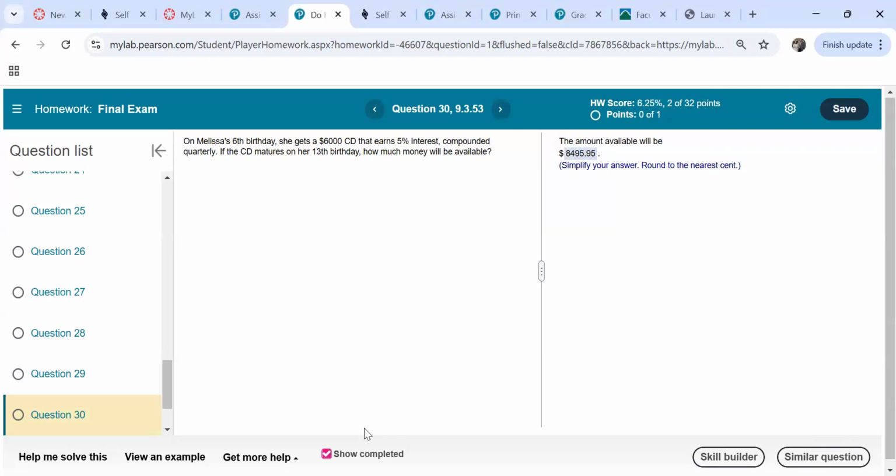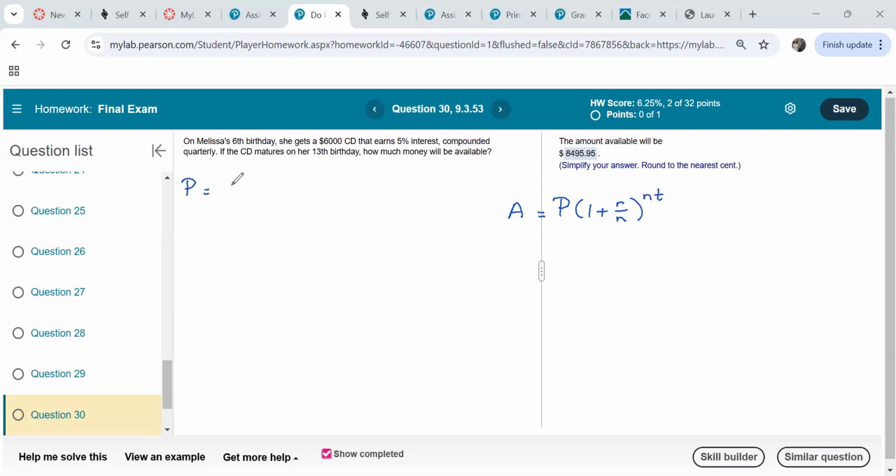So on Melissa's birthday, this is the exponential growth. She gets a $6,000 CD that earns 5% interest that's compounded quarterly. If the CD matures on her 13th birthday, how much money does she get? So this is the equation. The amount we want is A equals P times (1 plus r over n) to the nt.